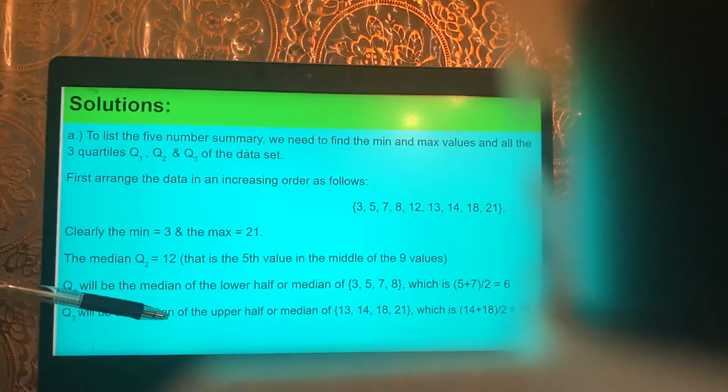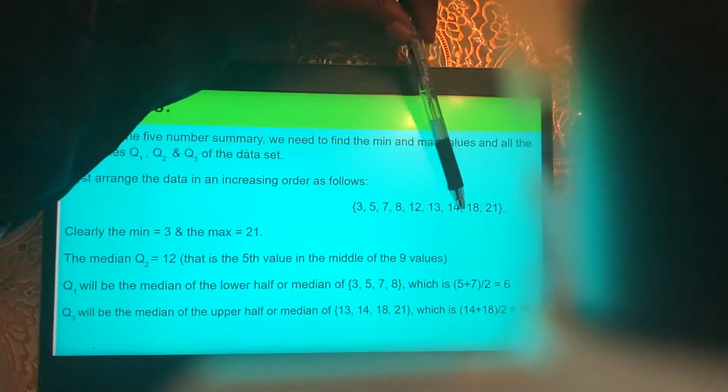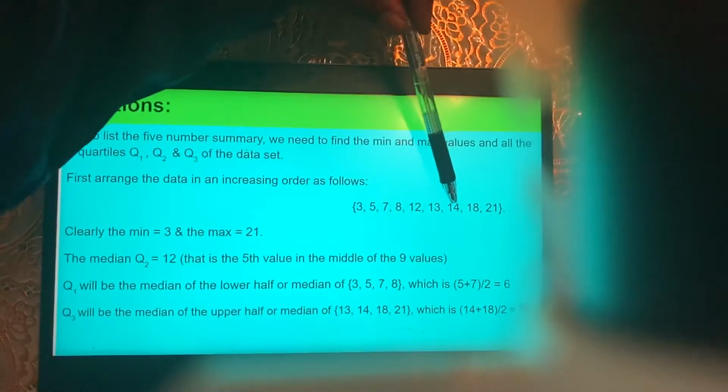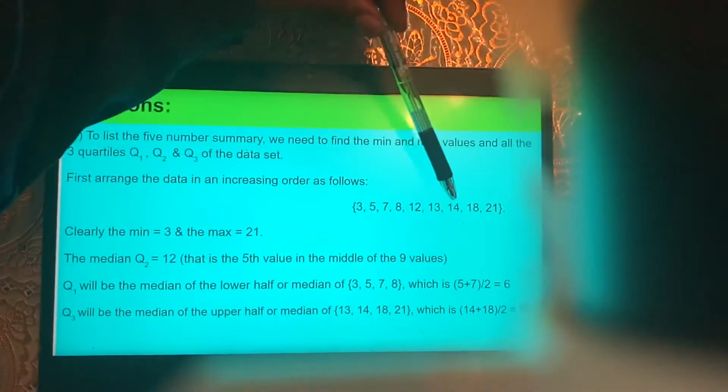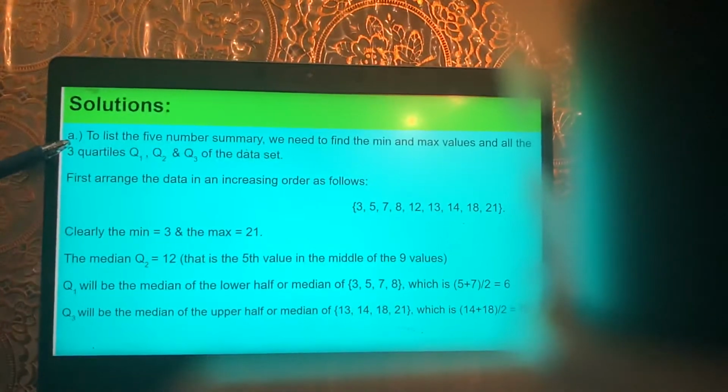Q3 will be the median of the upper half. The upper half is this: 13, 14, 18, 21. And the median of that is (14 plus 18) divided by 2, which is 16. So the 5 numbers are the min, the max, and the 3 quartiles.